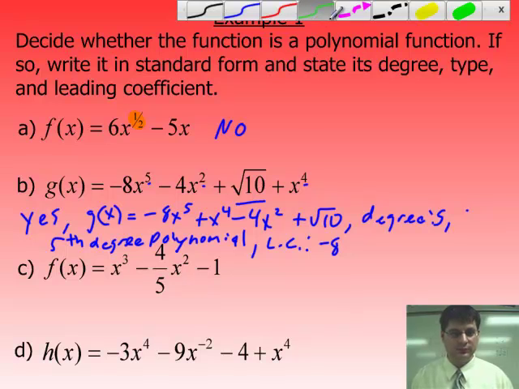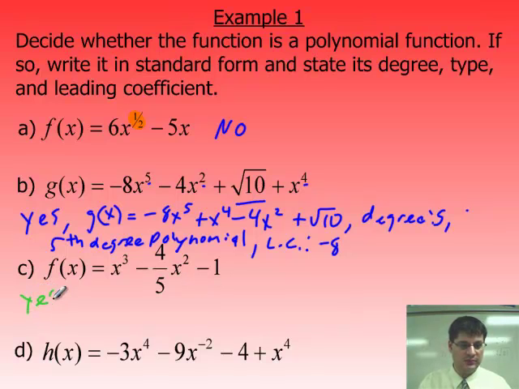In C, if I look at this, it does look like a polynomial because all the exponents are natural numbers. So I would say yes. I'd also note that it's already in standard form.